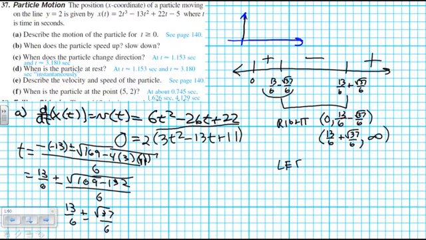The particle is moving to the left when it has negative velocity, which is on the interval from 13/6 minus root 37 over 6 to 13/6 plus root 37 over 6. And that's all of part A.